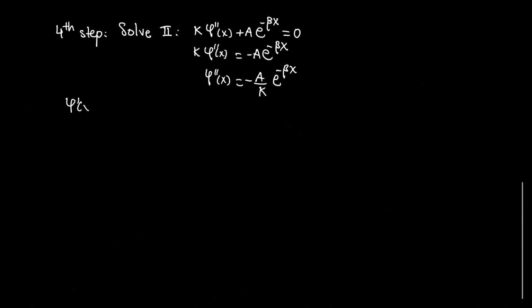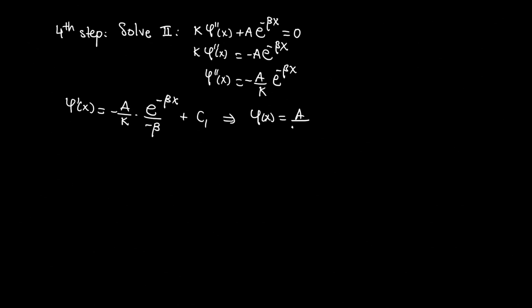For the first integral, you get, this is a constant, so you're gonna get minus beta plus c1 like that. Then for the second integral, all of this is just a constant, a over k beta.